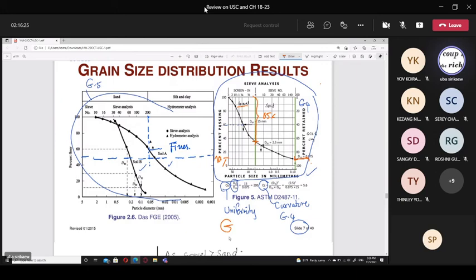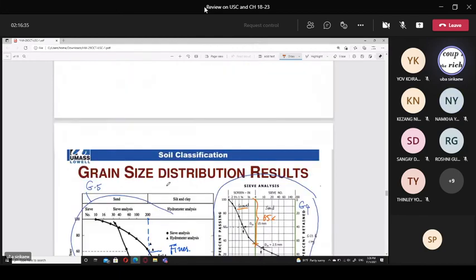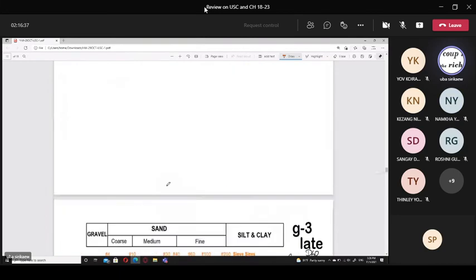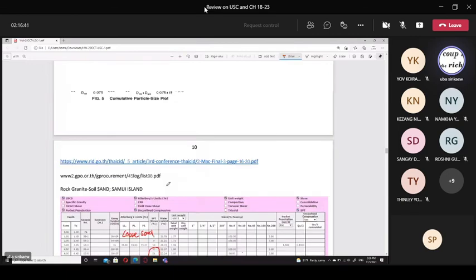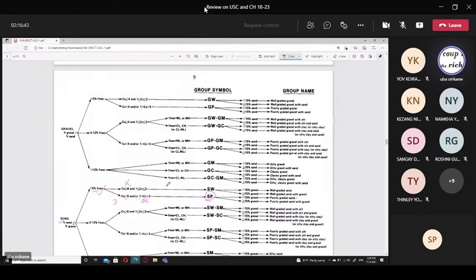G will be the first letter. What about the second? You go and check this. This is G. The 5 to 10%.